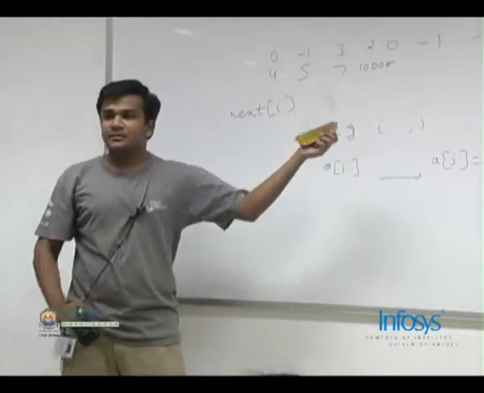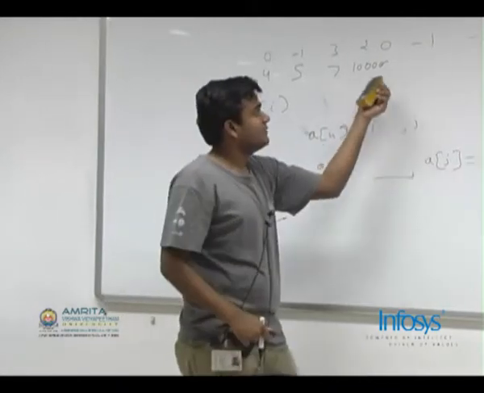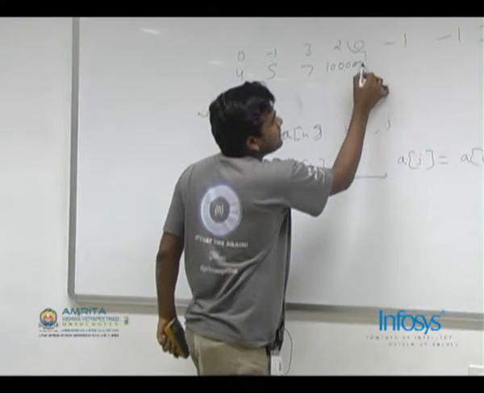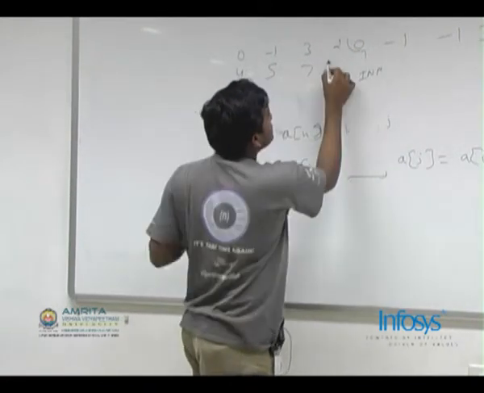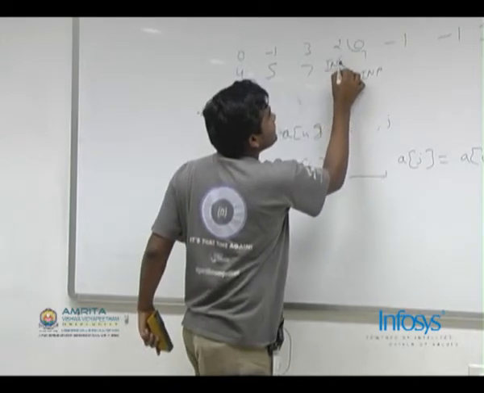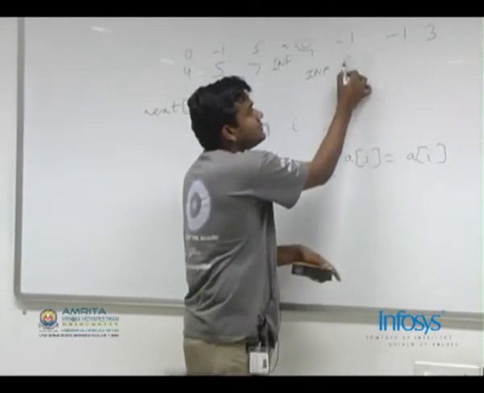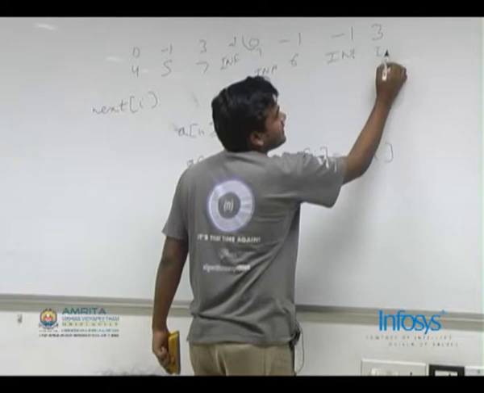So if a number doesn't repeat anymore, we can write some large number there, otherwise we write the next index. So again this 0 doesn't repeat, so we will also write some large number, let's denote it infinity here and here. Then this minus 1 repeats next, so we'll write 6 here, we'll write infinity here, and we'll write infinity here as well.